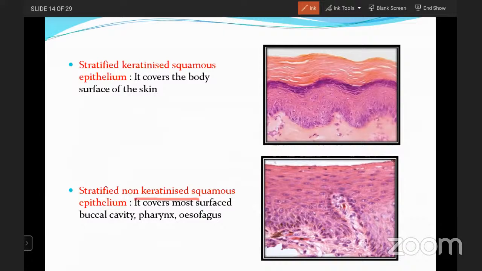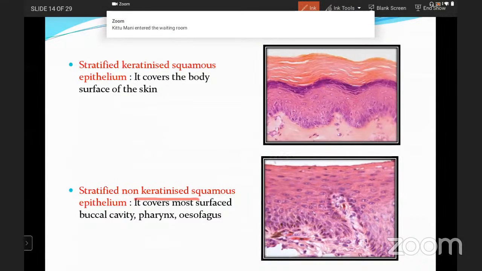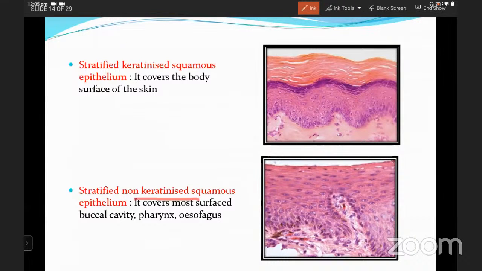Usually it is observed on moist surfaces like the buccal cavity, pharynx and esophagus. Okay, this is about stratified keratinized squamous epithelium and stratified non-keratinized squamous epithelium.